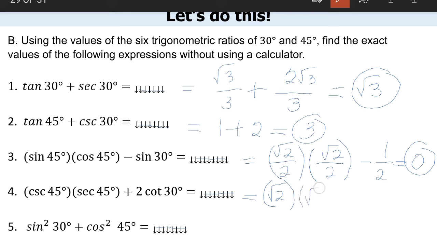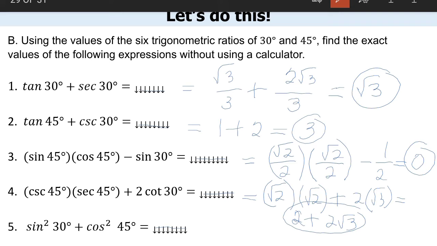So square root of 2 times square root of 2 plus 2 cotangent 30 degrees is 2 times, what is cotangent 30 degrees? Use your finger, class. Cotangent 30 degrees is square root of 3. And if you will simplify this, this will become square root of 2 times square root of 2 is 2 plus 2 the square root of 3. So the answer in number 4 is 2 plus 2 the square root of 3.